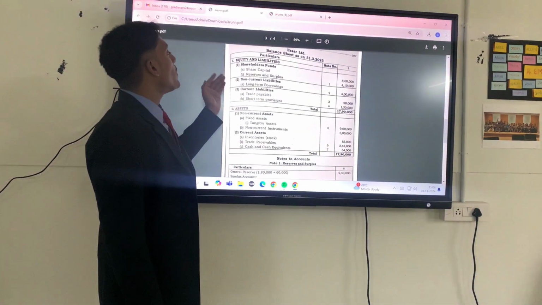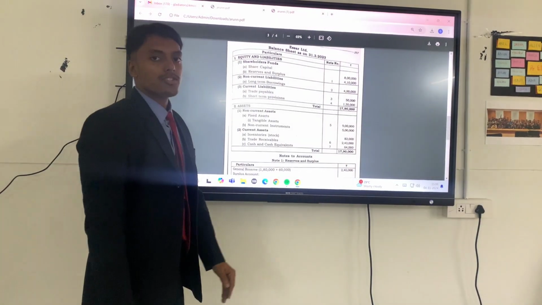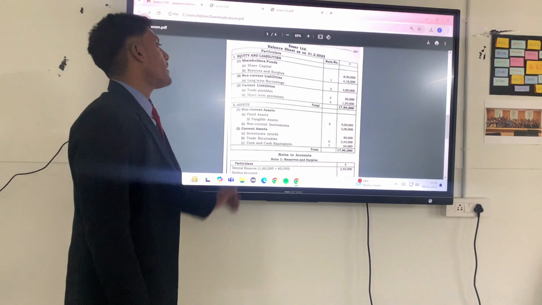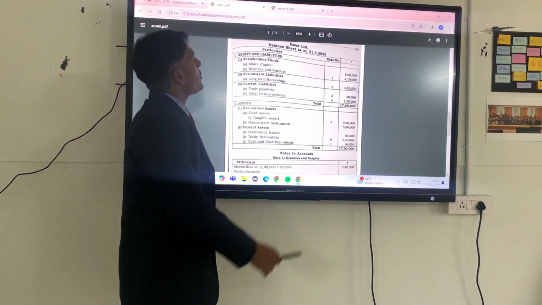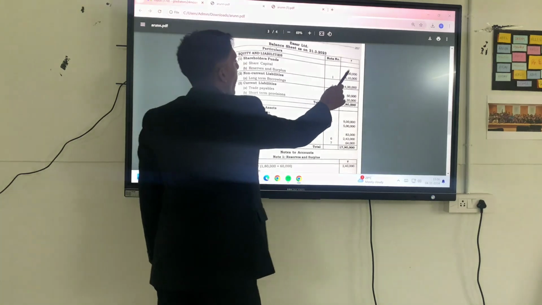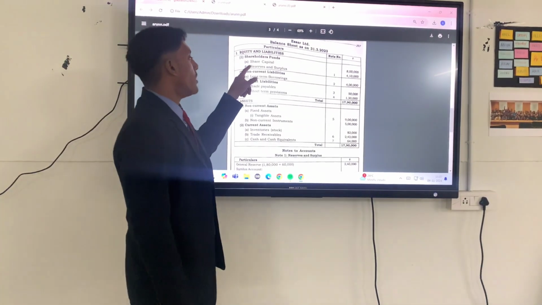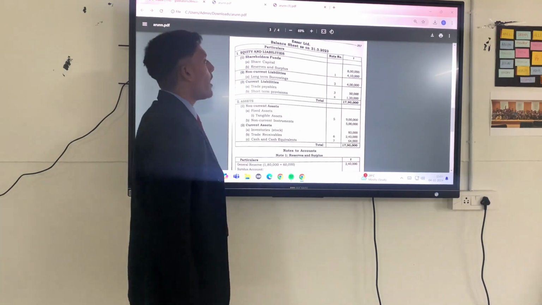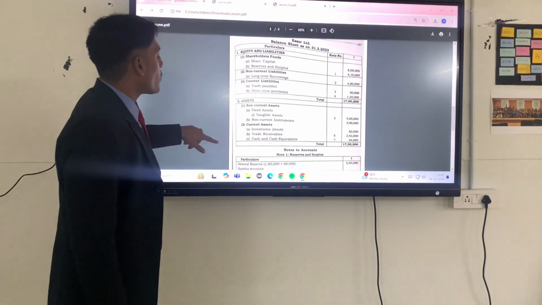Under the head equity and liabilities comes shareholders' funds, and under shareholders' funds comes share capital, which here is 8 lakhs, directly given in the question. Then the second one, reserves and surplus, has note number 1, so there is an additional working, so we can go through it.